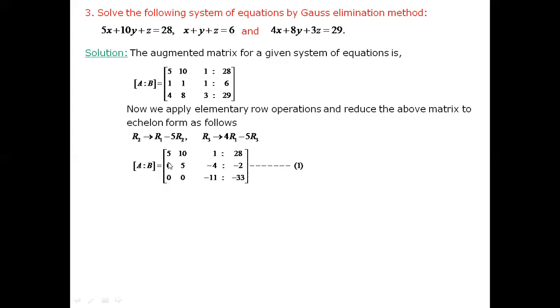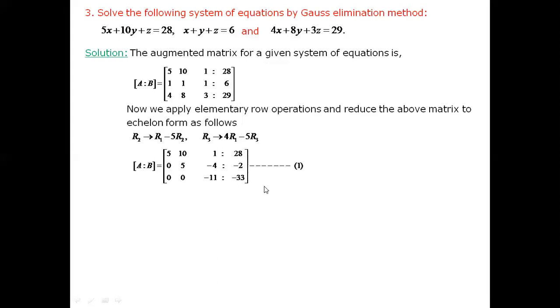So no need to continue, no need to go to the next step. It is already in echelon form. So, once it is in echelon form, we'll write a system of equations for this matrix and solve. We get the value of x, y, and z, which represents the solution of the given system.